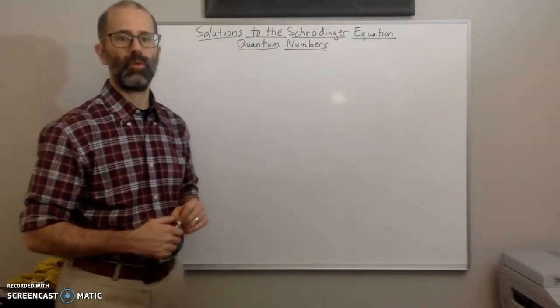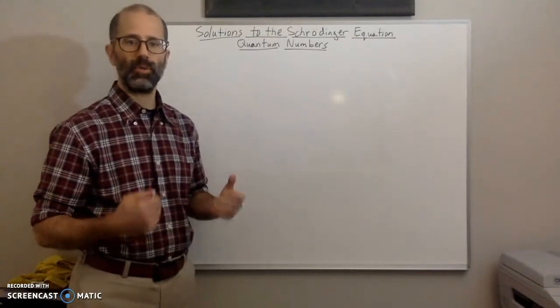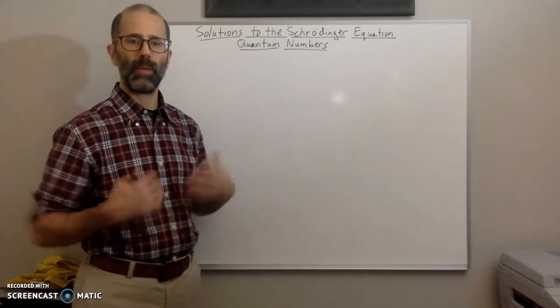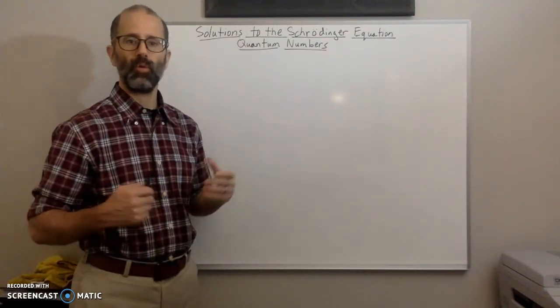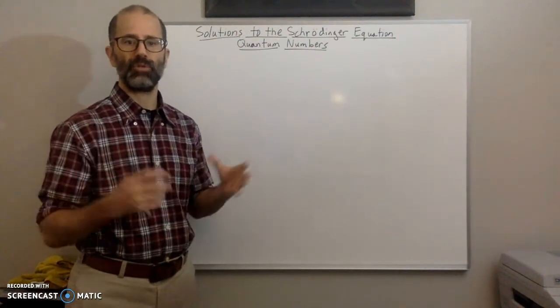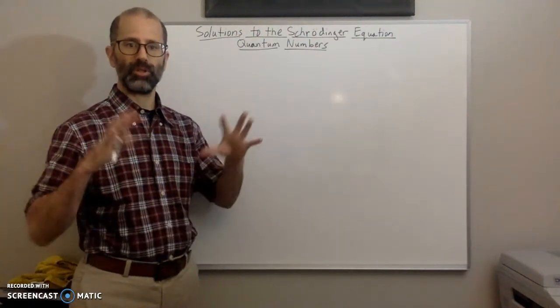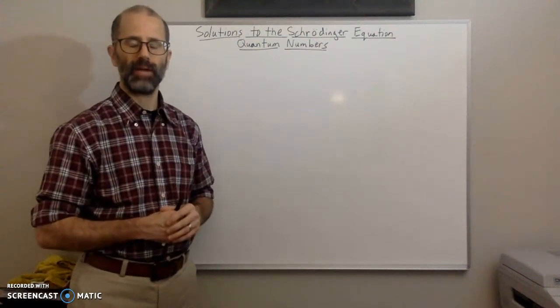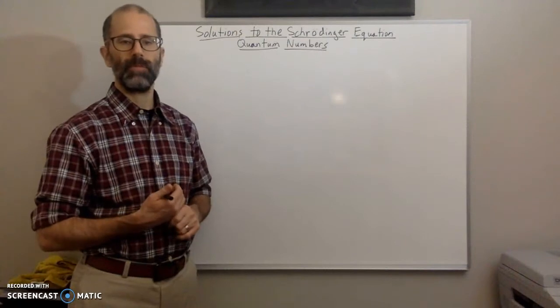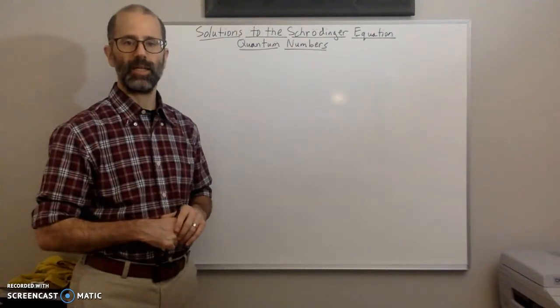What we said before with regard to the orbital is that the orbital is just a mathematical probability map of where you're going to most likely find the electron in a region of space around the nucleus of the atom. The quantum numbers will describe that orbital as well as the electron.